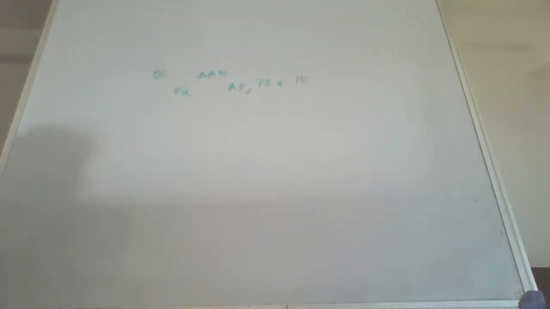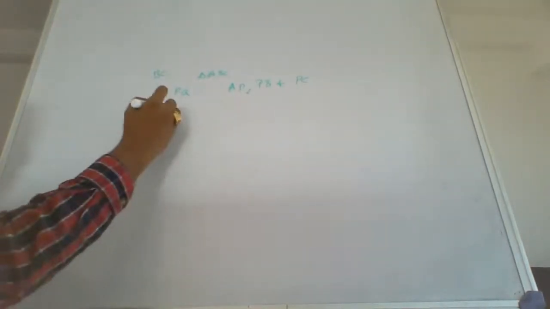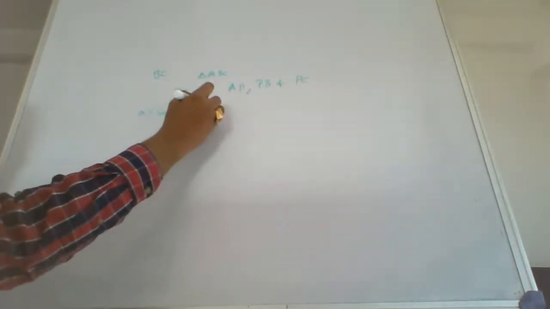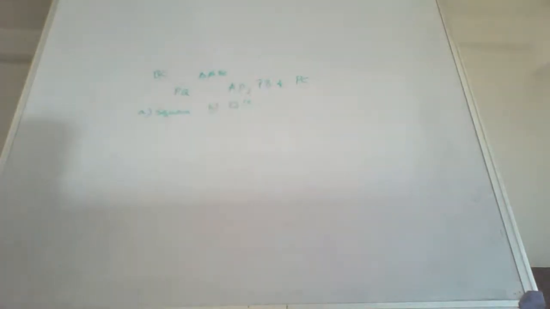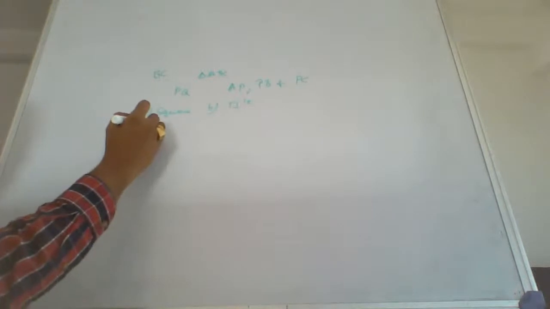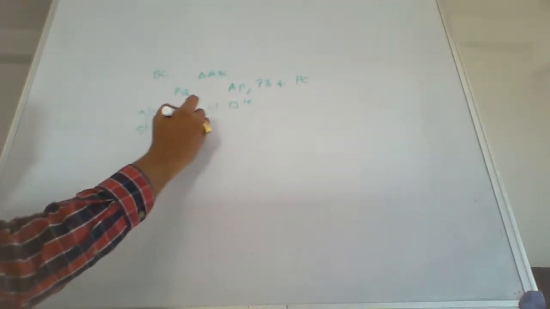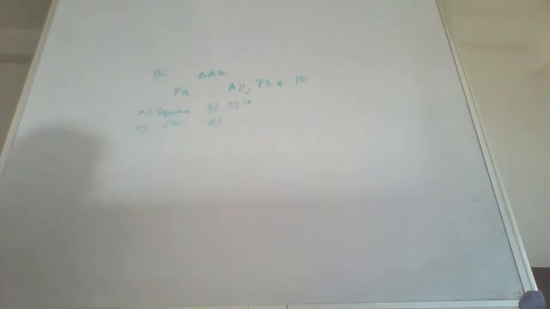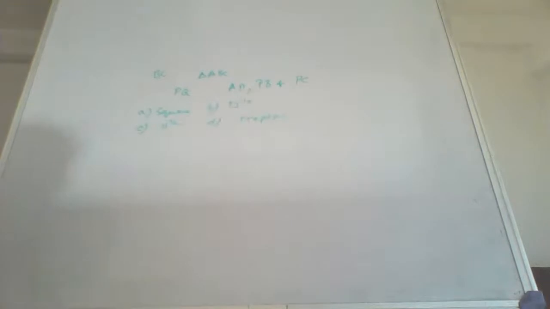Then what would be AQC? Let us find that. Is it a square? Okay. Is it a rectangle? Is it a parallelogram? Or is it a trapezium? Let us find the solution for this.